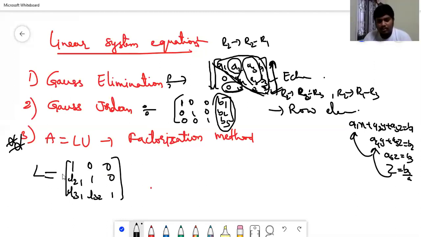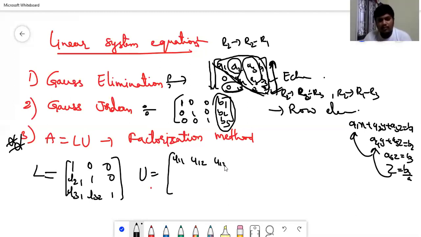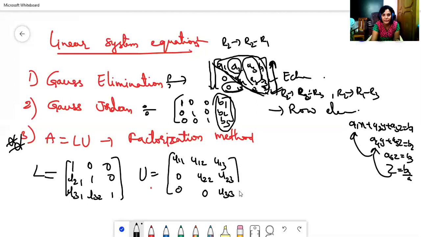This is the lower. If I am taking 3 by 3; if it is 4 by 4, then you can again take L41, L42, L43, and 1. Next, U is the upper triangular matrix: U11, U12, U13, 0, U22, U23, 0, 0, U33.